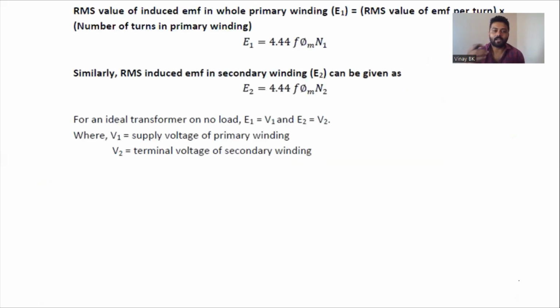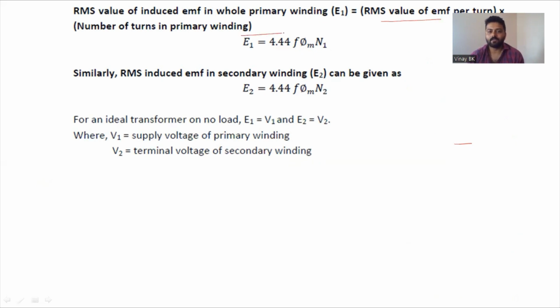Next you need to write the EMF equations for the primary side winding and secondary side winding. The RMS value of the induced EMF in the primary winding is denoted by E1, which is given by the RMS value of EMF per turn into the number of turns in primary winding.